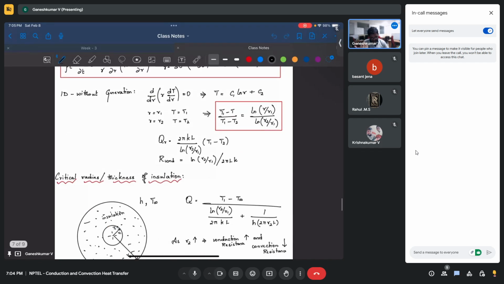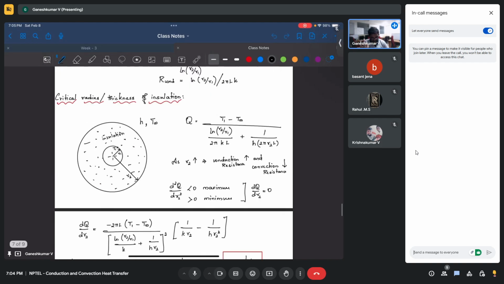And then we did the same for spherical also. For cylindrical, we also looked at with heat generation and without heat generation, how the heat flux and temperature profile vary, and what is the general formula, we kind of derived it.